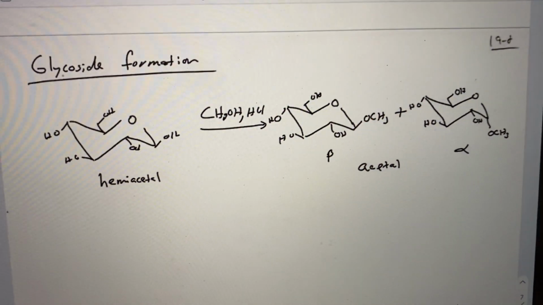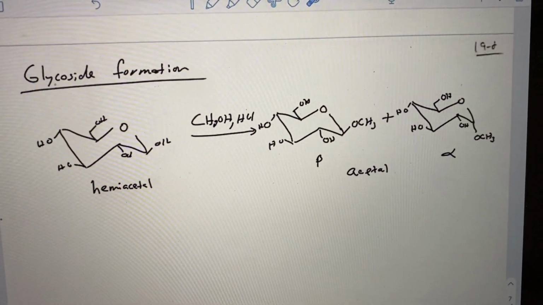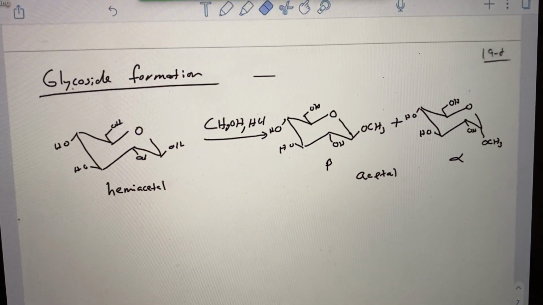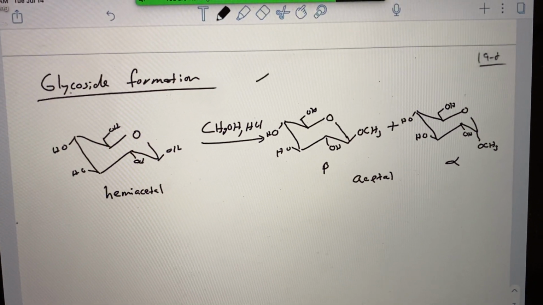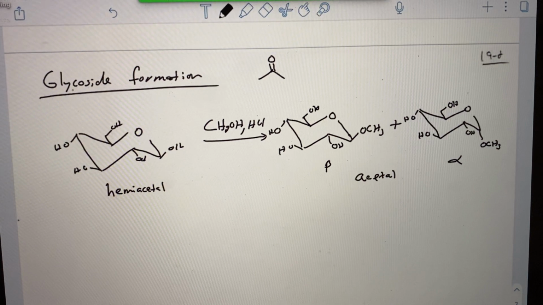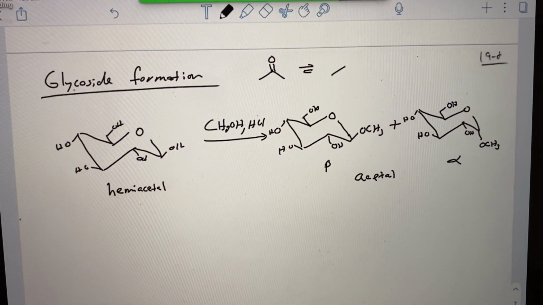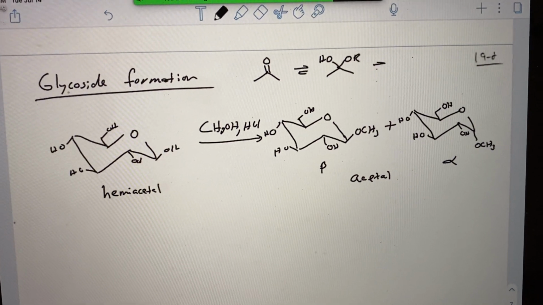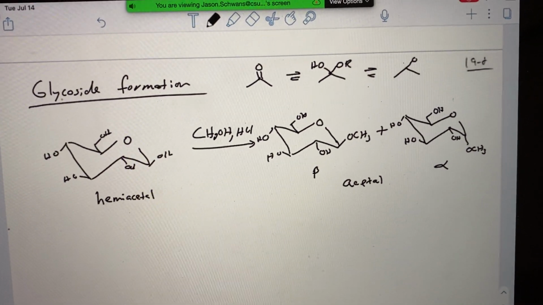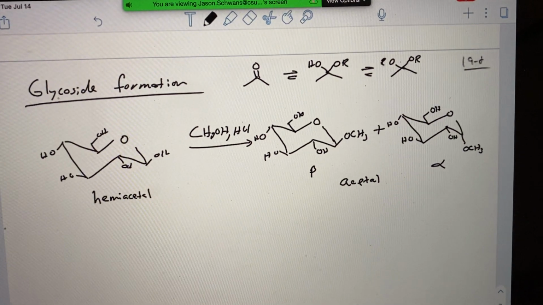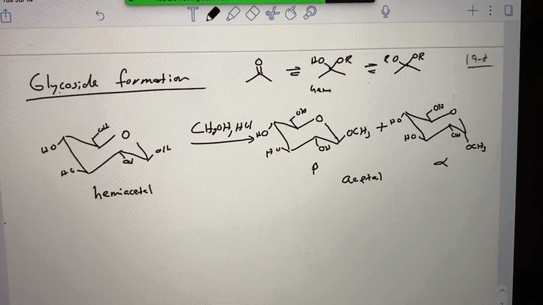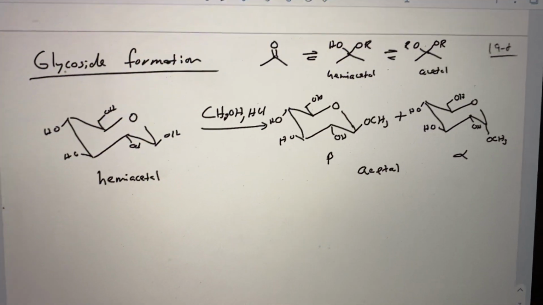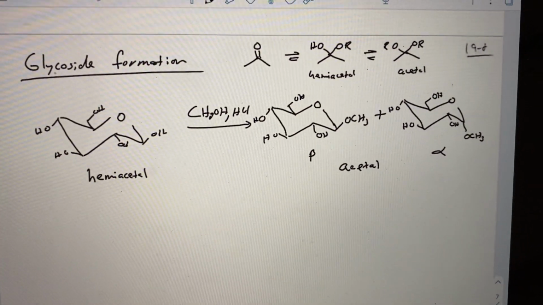Now we have OR and then OR. So this is just like what we had before, where we went from an aldehyde or ketone to a hemiacetal, OH, OR, to an acetal, OR, OR. Hemiacetal, acetal. So same language, but now in a more complicated structure.